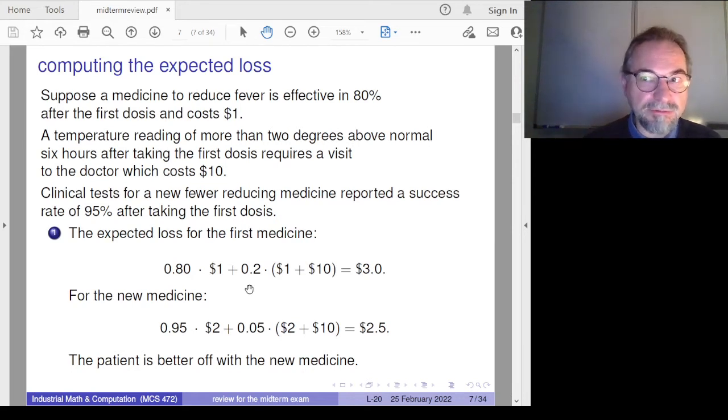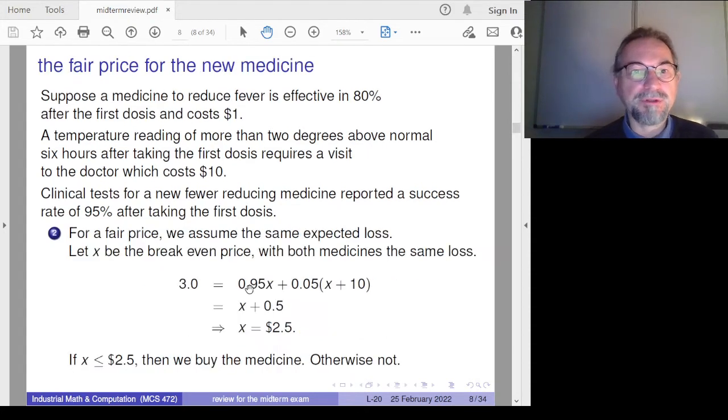Okay, so one could also consider this now from the viewpoint of the manufacturer of the new medicine. So here you see all the data again. So suppose that $2 was a good price. So for $2 you buy the new medicine. But how high can you go?